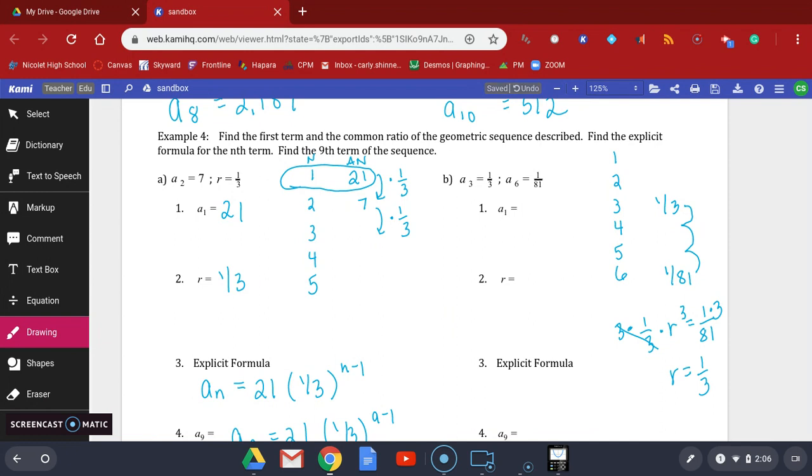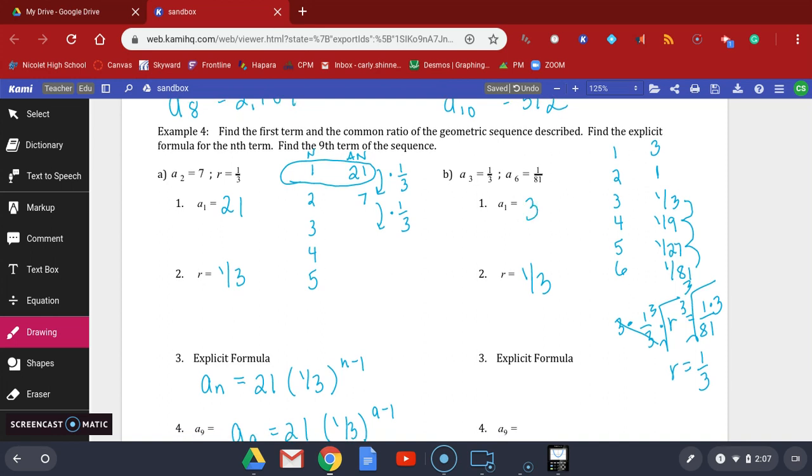What I did there, I multiplied both sides by 3, and then I took the cube root, and I get a ratio of 1/3. And so what would have to come before it then? Opposite of 1/3 would be multiplying by 3 to go up. Then obviously this is 1/9, and this would be 1/27 if you just multiply by 1/3. So my first term here is 3.